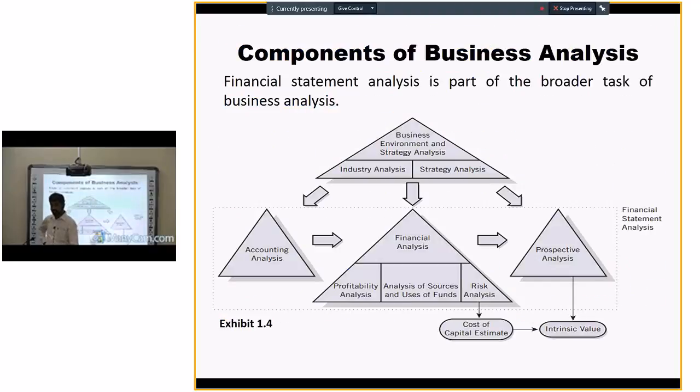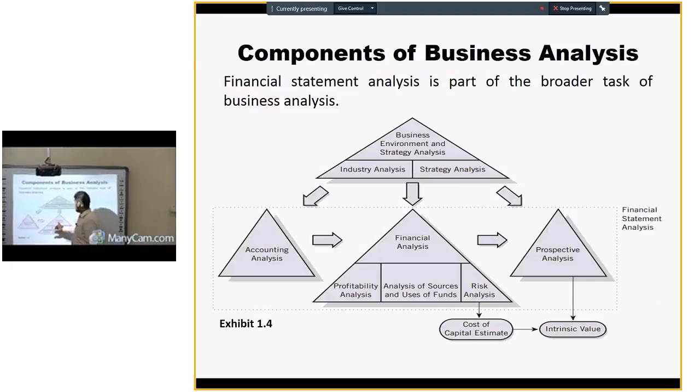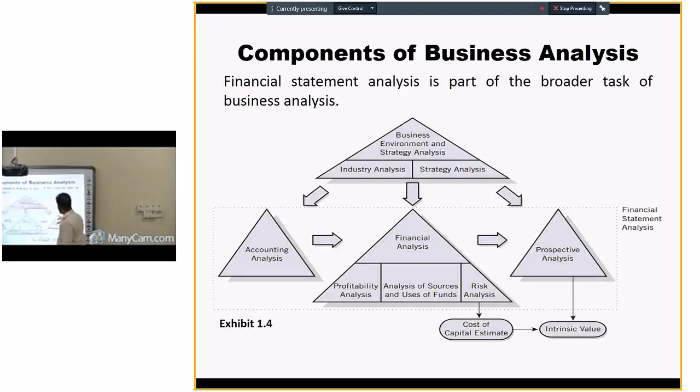Again, if you see this framework here, financial analysis, accounting analysis, and prospective analysis are covered under the financial statement analysis, right? Again and again I use this framework. We are going to discuss each and every point included in this framework.